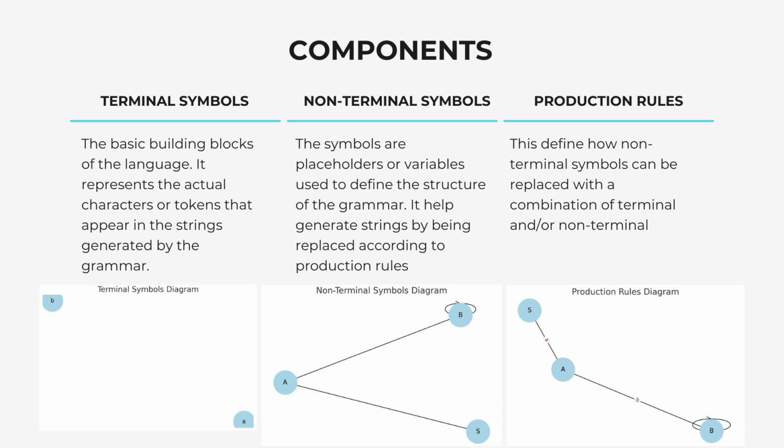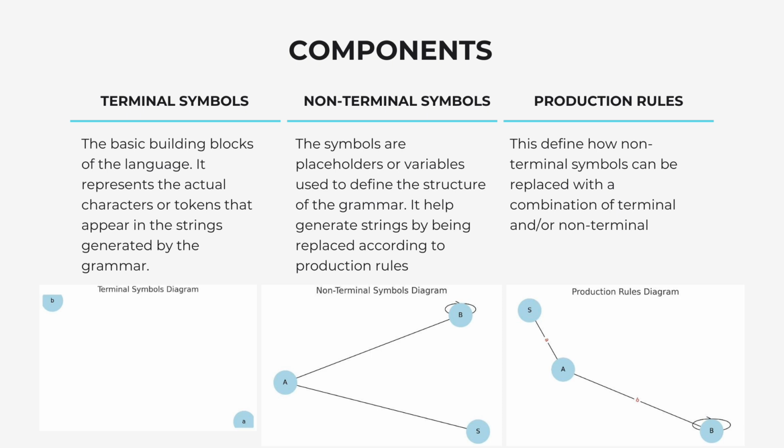Example: in a grammar with terminals a and b, a and b are terminal symbols because they appear directly in the strings. Think of terminals as the alphabet of the language, and there will be a diagram shown below.